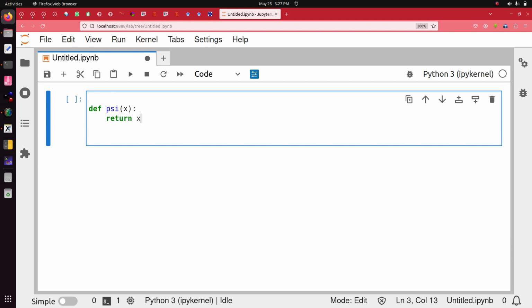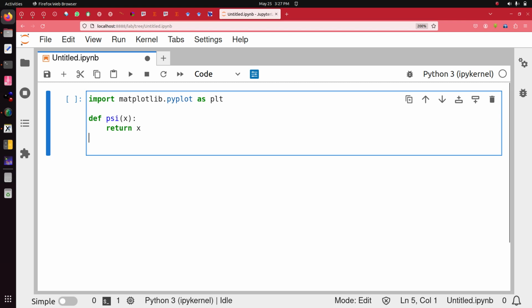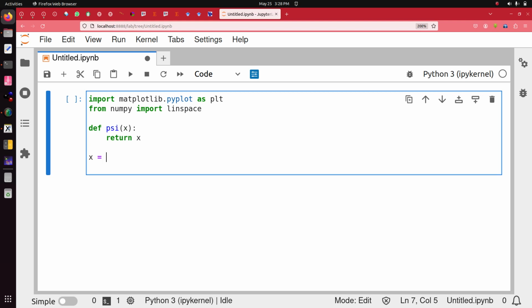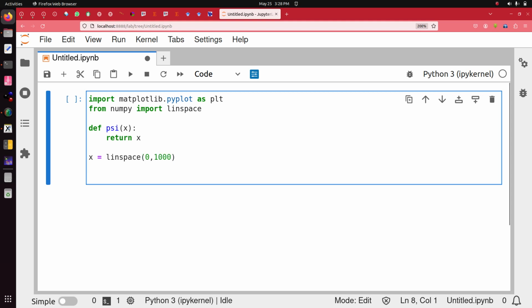Okay, and we plot, so import matplotlib.pyplot as plt. From numpy import linspace. Let's say the x values are from 0 to infinity, but let's use a large number, just 1000. Then let's plot x, then psi of x.